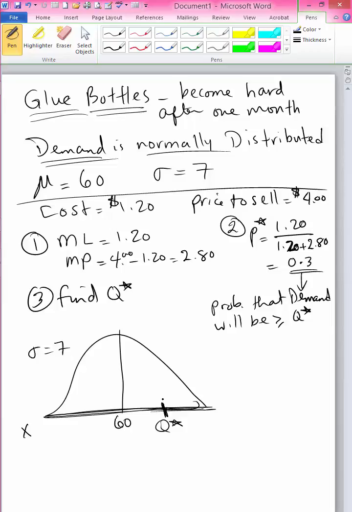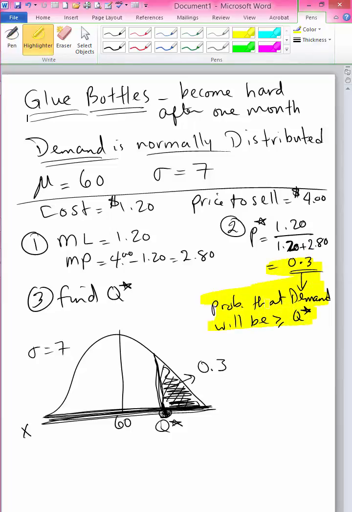It has to be to the right of the mean because I know the probability that demand will be greater than that quantity is 0.3. That's what we computed right here.